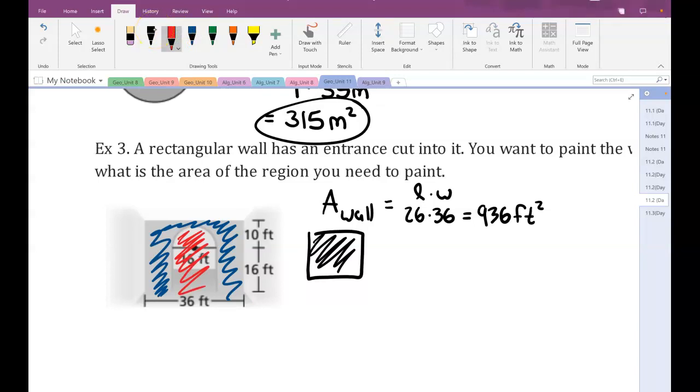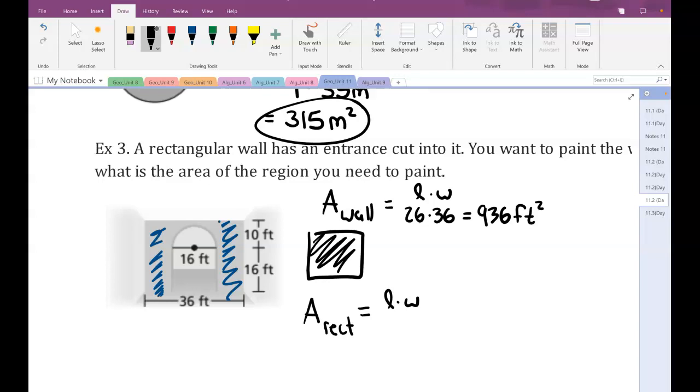Our red space is really made up of 2 smaller shapes: a rectangle and a semicircle. So I would do each one on its own. First, find the area of this rectangle. I like to write area with a little subscript saying rectangle, so I know what I'm finding, because we have a lot of pieces to this. To find the area of a rectangle, we take the length times the width.